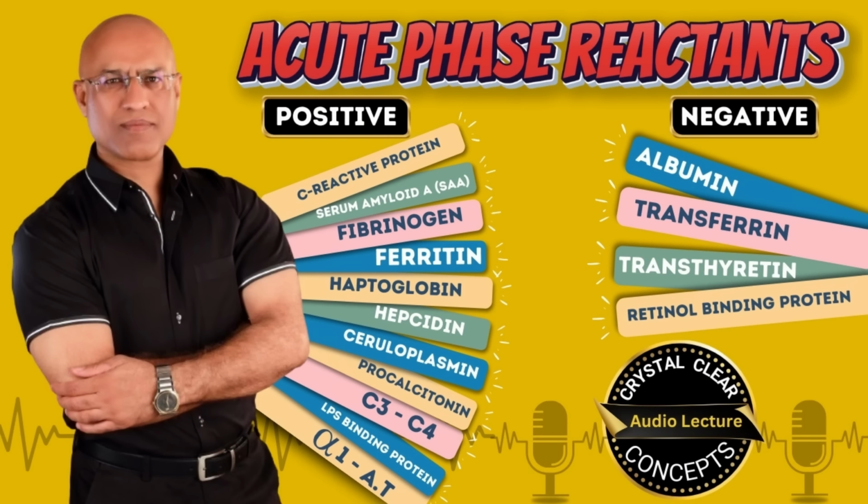Number two, these cytokines directly act on the hepatocytes, and they also act on Kupffer cells, right?